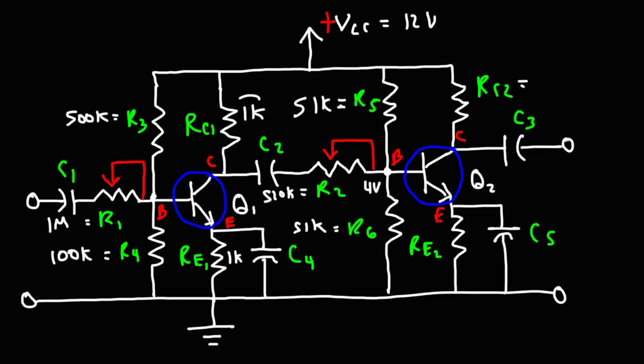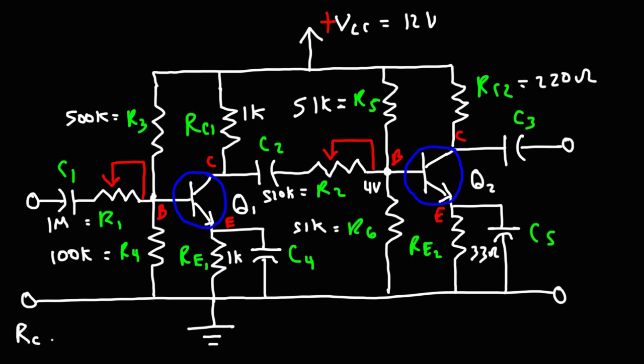So instead of using 1 kilo ohm, perhaps we want to use something like maybe 100 or 200 ohms. Let's use 220 because that's a common resistor. And for RE2, you could use the same value, or you could use something less, maybe like 33.